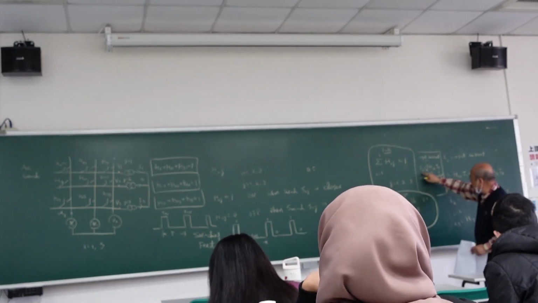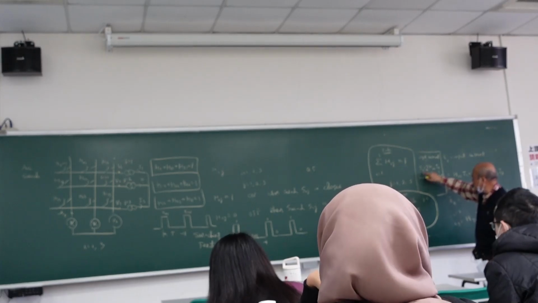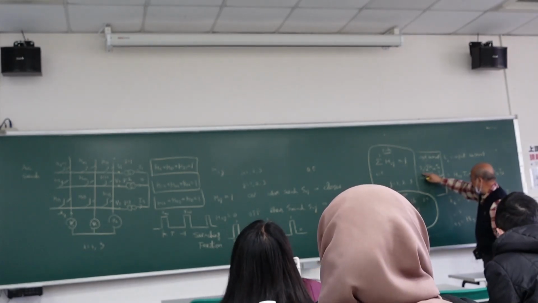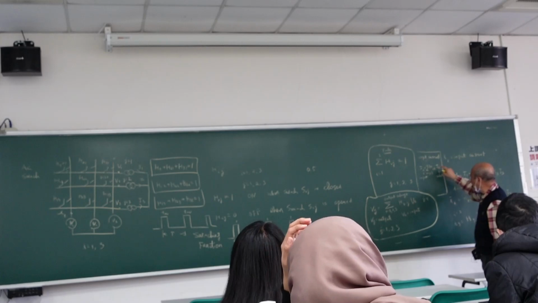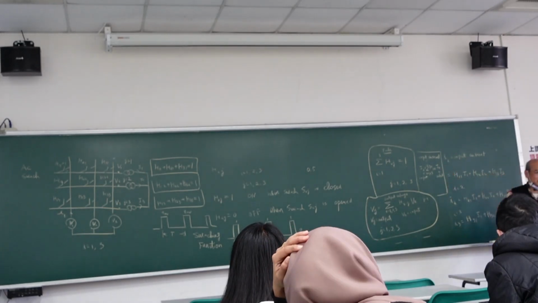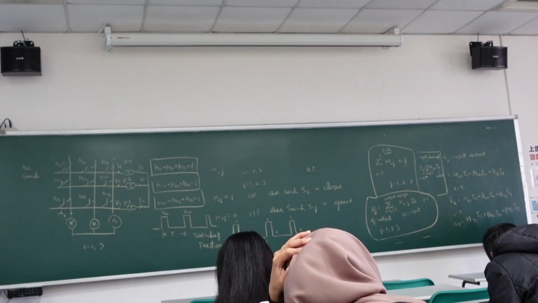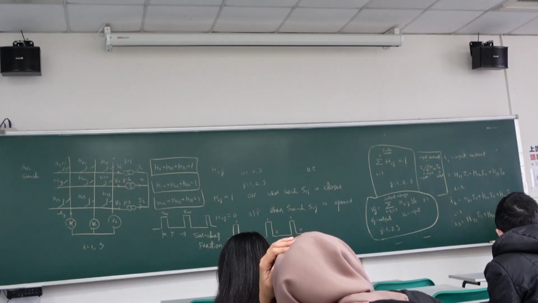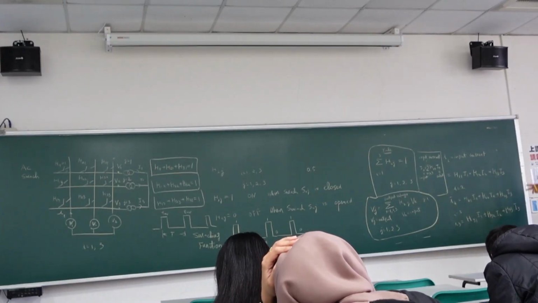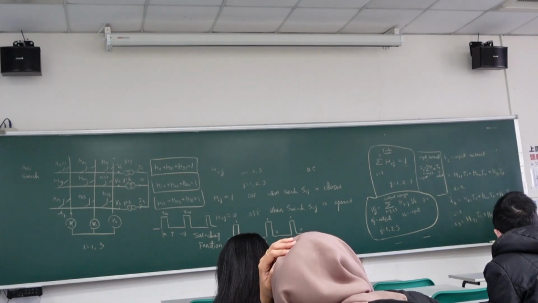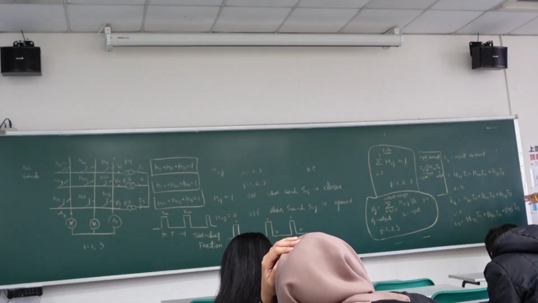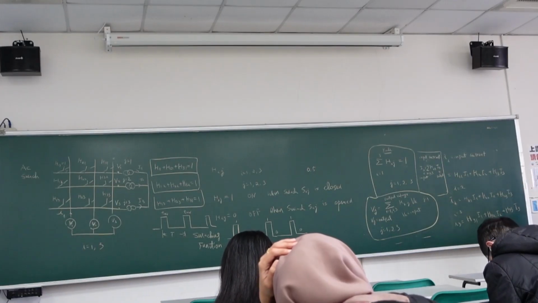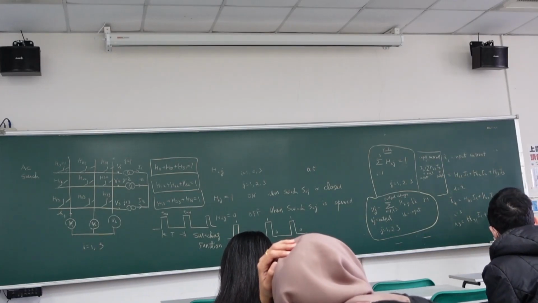The input current is not independent. It is not always constant. It depends on the switch and the output current. Okay. So totally how many equations do we have? 3 equations. One is rule. Another is output voltage. Another is input current. So we can describe the whole behavior of the matrix converter.